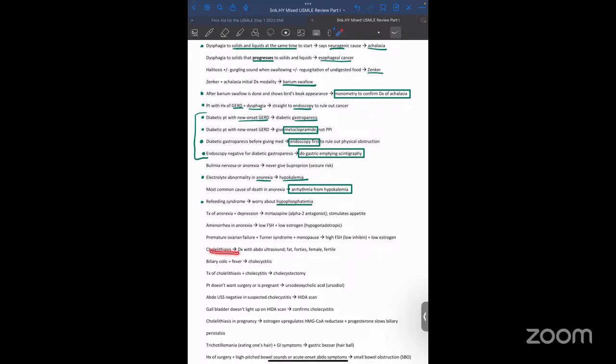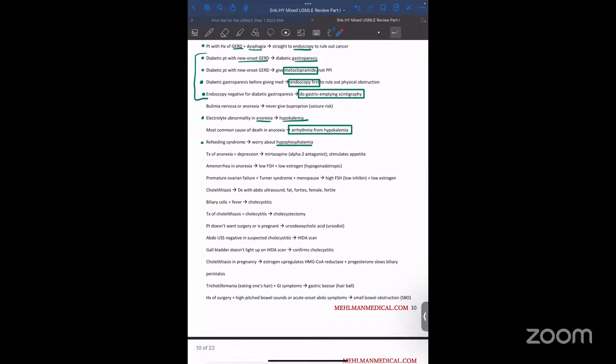Next, cholelithiasis, diagnosed with abdominal ultrasound, fat 40 female fertile. Biliary colic plus fever, it is cholecystitis. Treatment of cholelithiasis and cholecystitis is cholecystectomy. If the patient does not want surgery or is pregnant, then we will consider ursodeoxycholic acid, ursodiol.